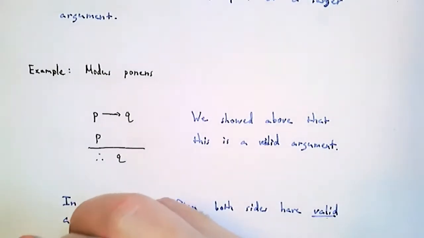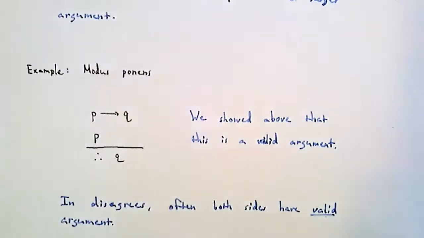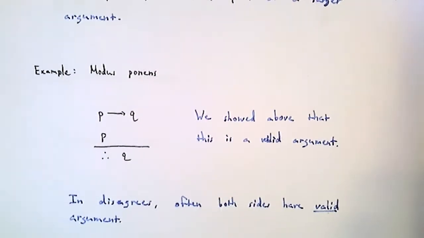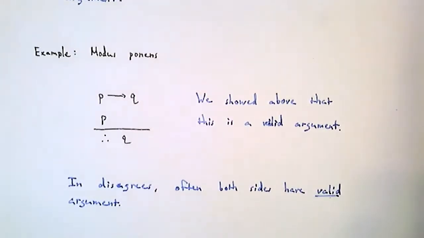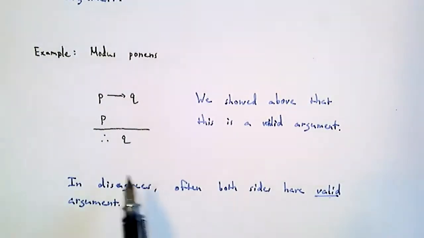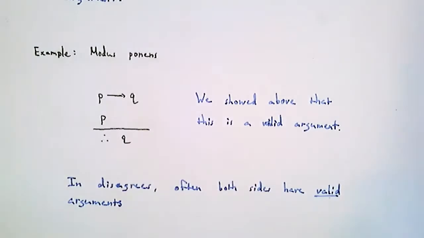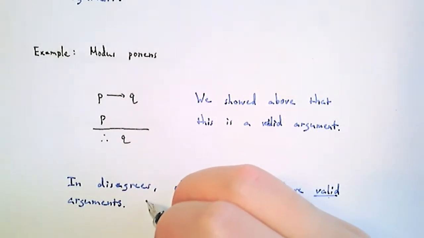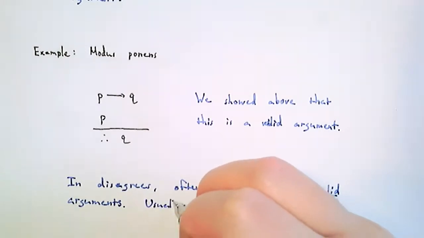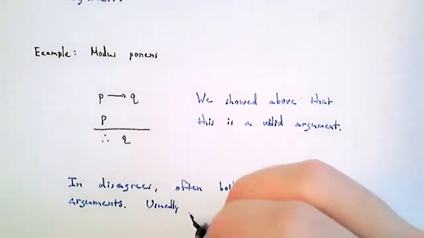But remember that a valid argument is a very specific kind of thing. It means that if the hypotheses are true, then the conclusion must be true. So even though both sides disagree with each other and they both have valid arguments, the real problem comes in the hypotheses. So usually in these kinds of cases, the real disagreement is over the hypotheses.